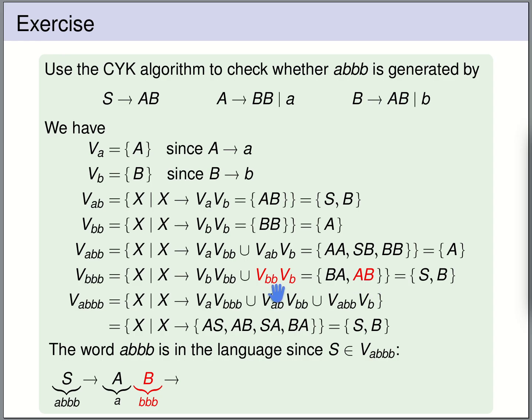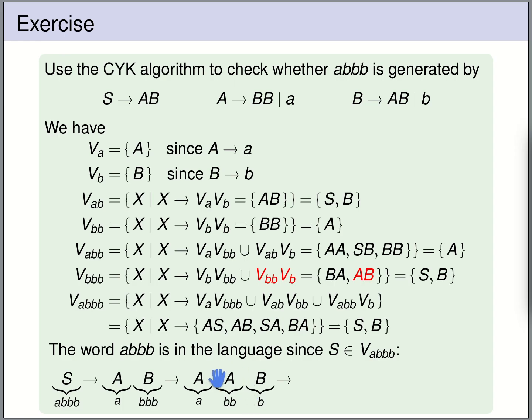And this AB comes from this set, VBB and VB. So what do we know now? We know now that we have to rewrite B to AB. And our A has to generate BB. And this B here has to generate the terminal letter B. So again, we have a variable A that has to generate BB. And B has to generate the terminal letter B.